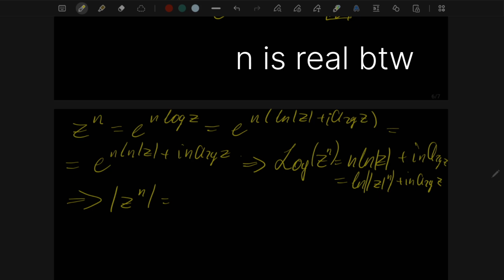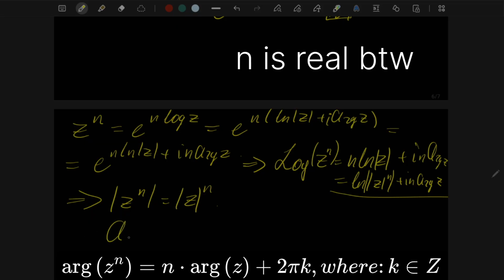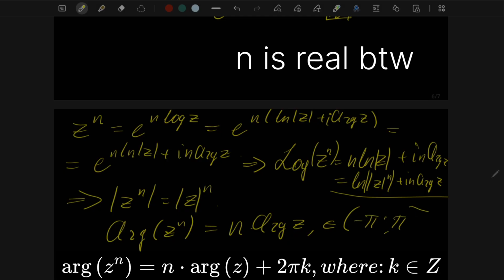Okay, and from this form we can get that the absolute value of z to the power of n, and the argument of z to the power of n is equal to n multiplied by the argument of z, but take note that it needs to be looped around, so it is from negative pi to pi.